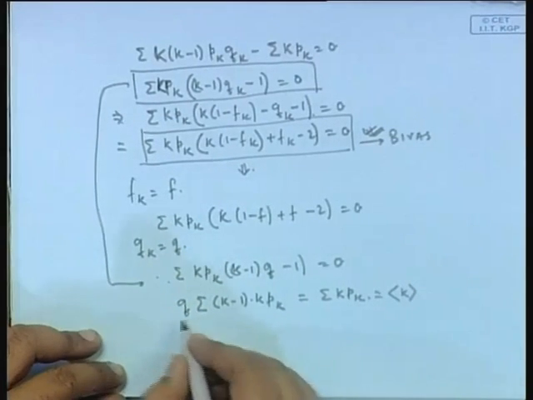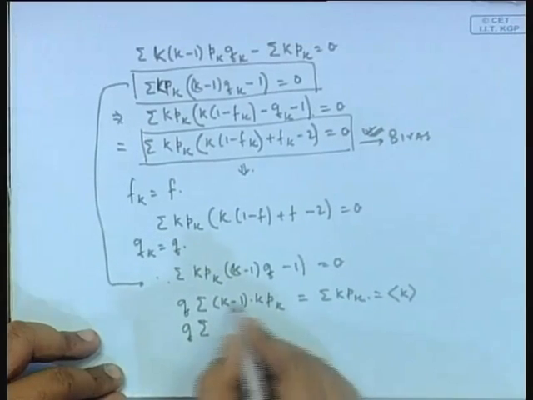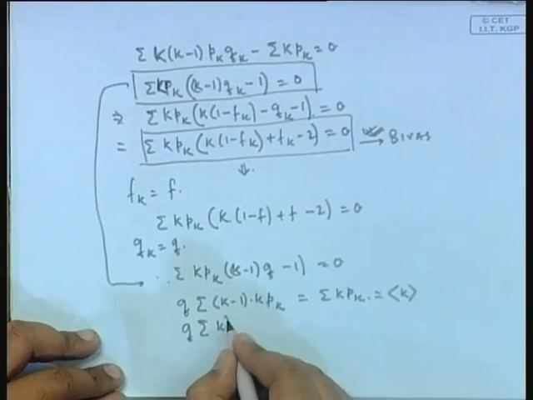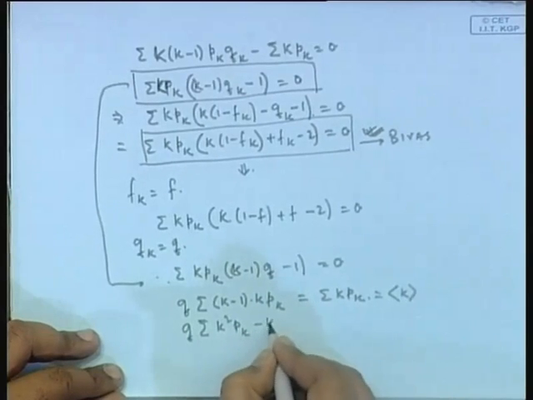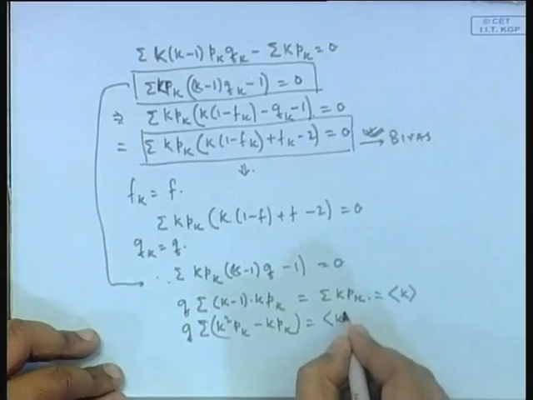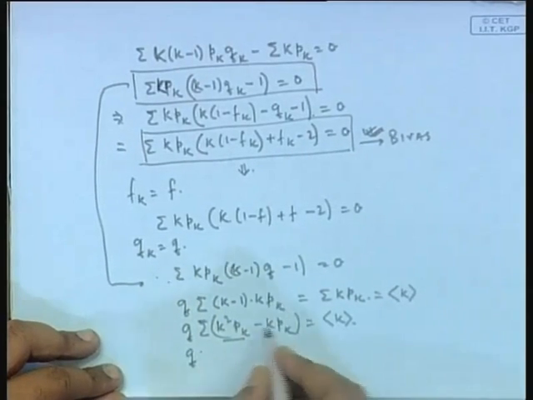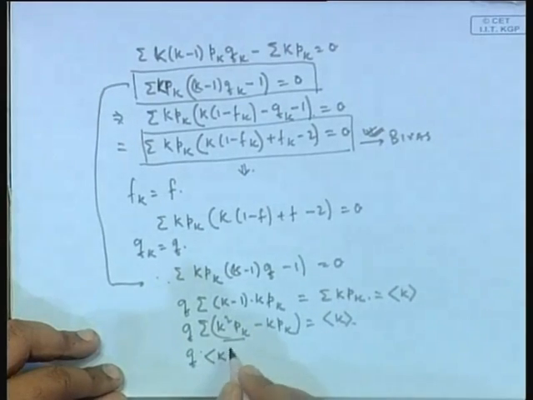Now see q. What is this? k square pk minus k pk.